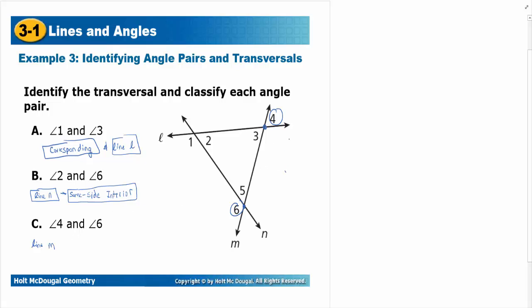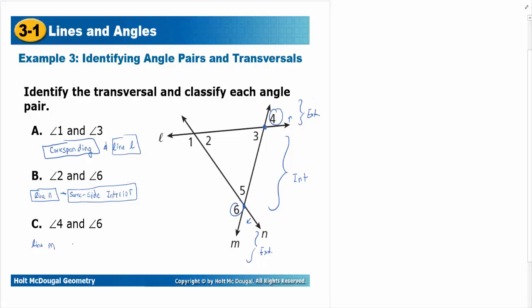Okay. So here we've got our interior angles, which those aren't. You see how they're on the opposite side, or the outside. So these are going to be our exterior angles. And next you want to see, are they on the same side or the opposite side of your transversal? Well, angle 6 is on the left side of the transversal. Angle 4 is on the right side.